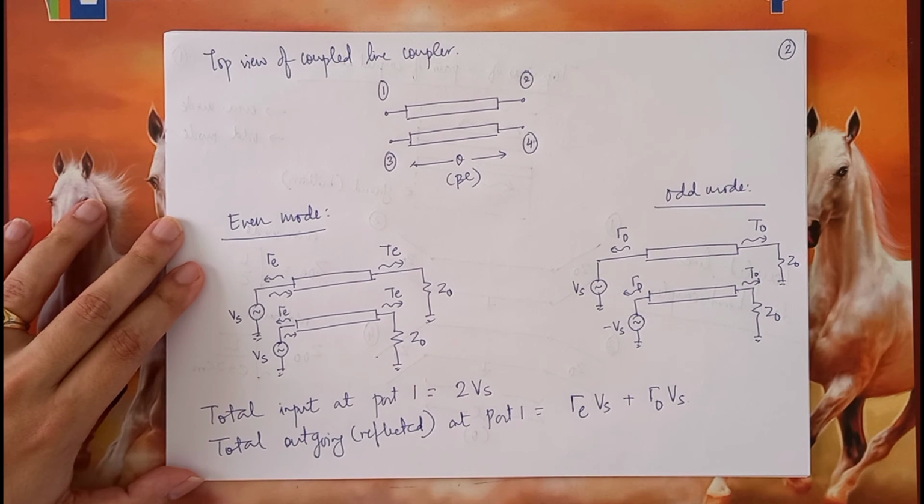So what we are essentially seeing is that for input at port 1 as 2 Vs, the outgoing or reflected wave at port 1 is this.